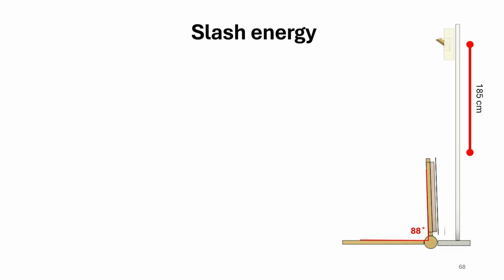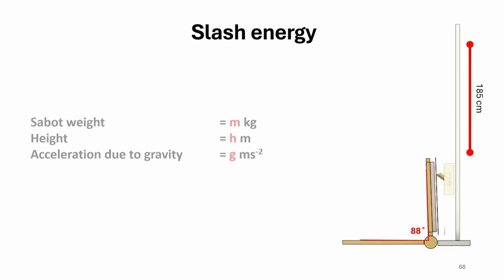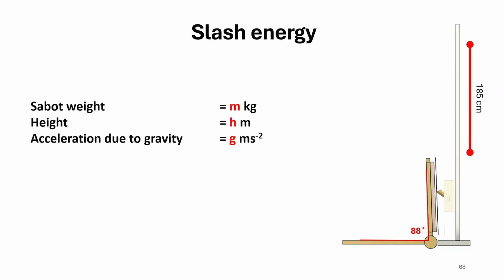Now, slash energy calculation. Here is the slashing. Say the sabot weight is m kg, the height is h, and acceleration due to gravity is g.